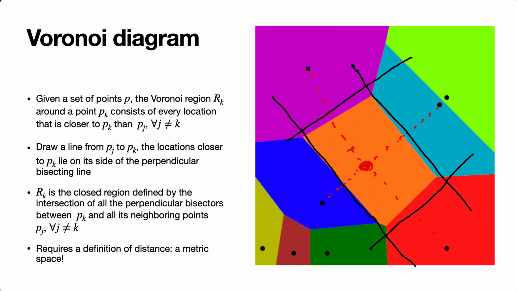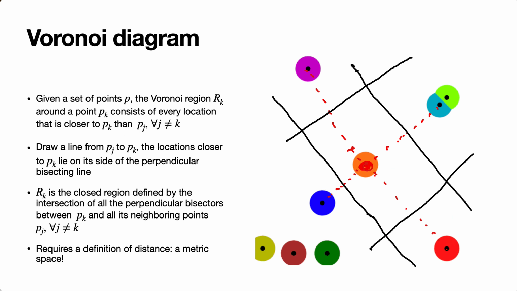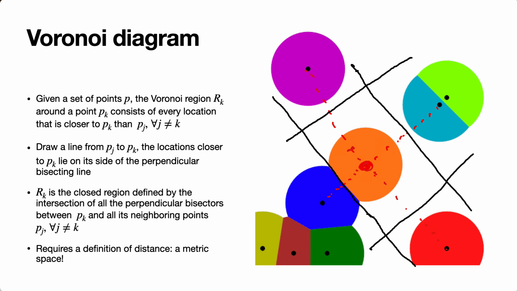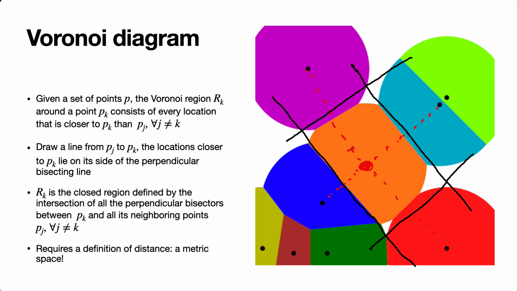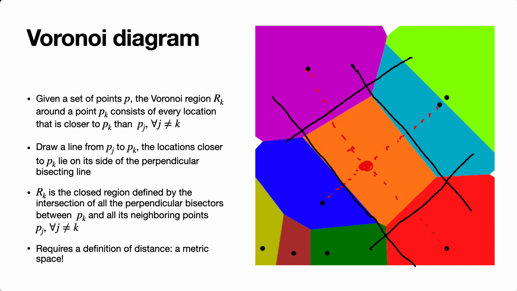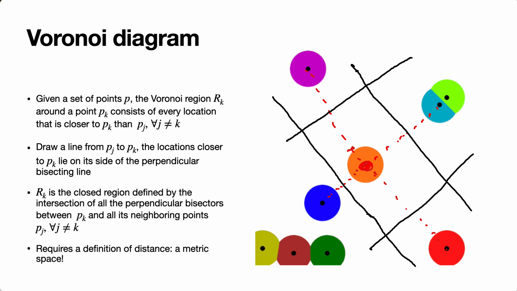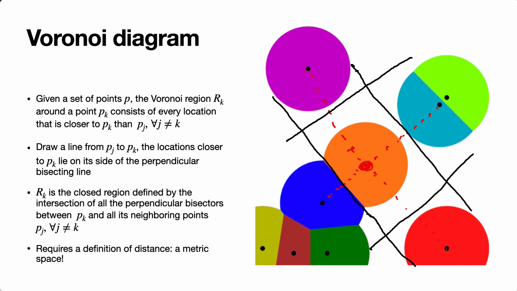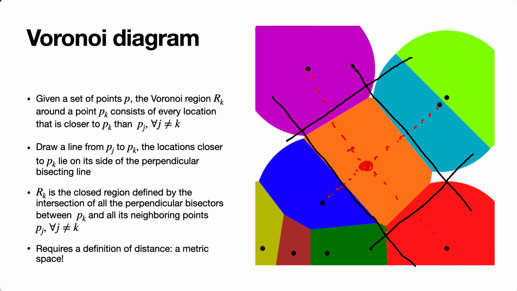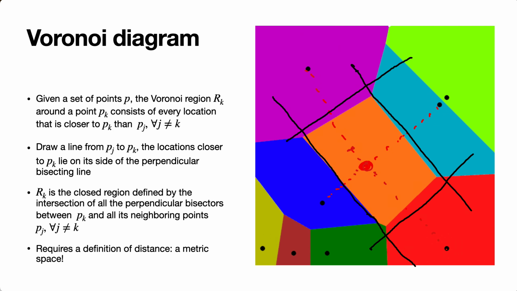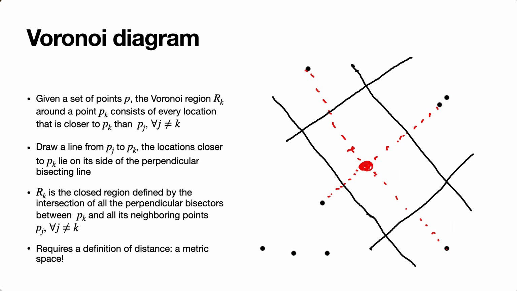Each one of these regions is formed of straight lines. Each one of those straight lines is a perpendicular bisector of the line in between a pair of points. So this Voronoi tessellation or Voronoi diagram shows us which points are closest to a particular prototype vector.